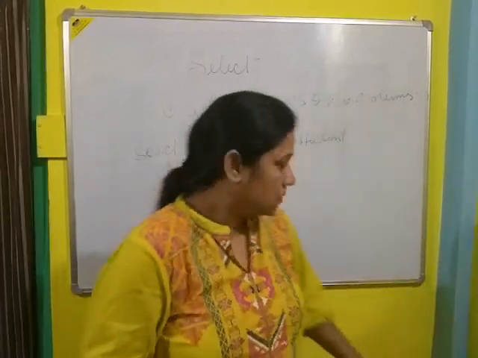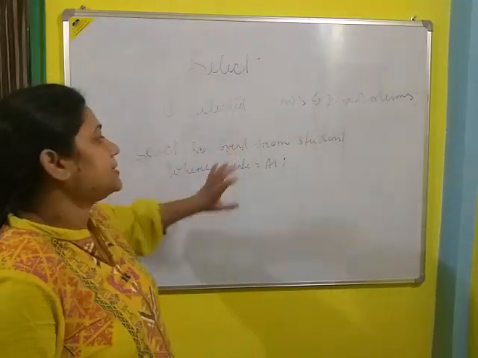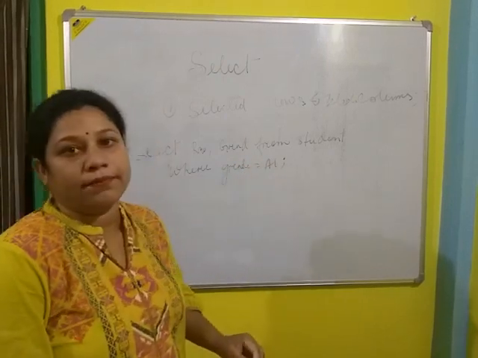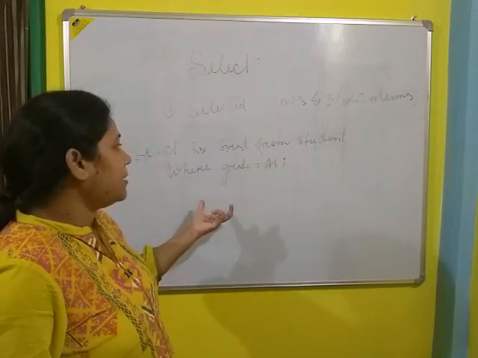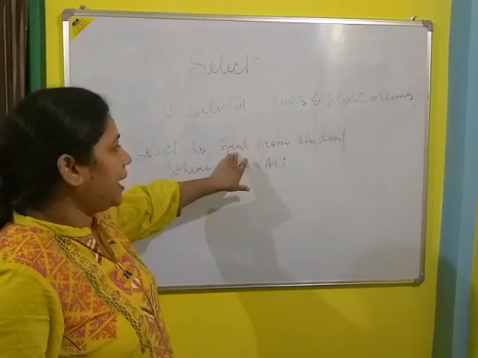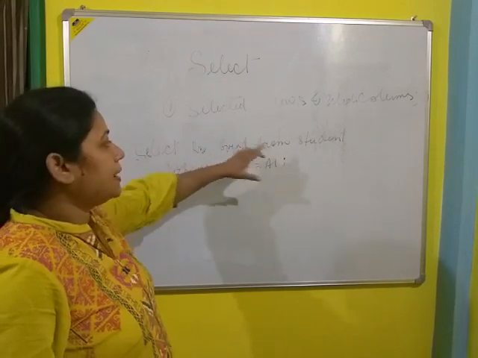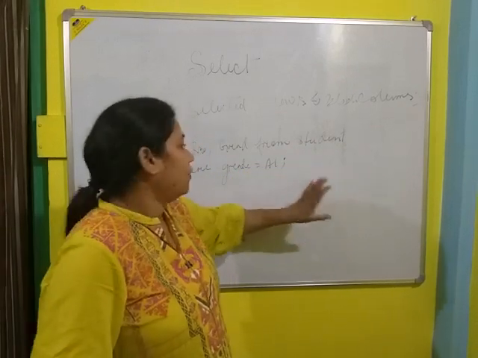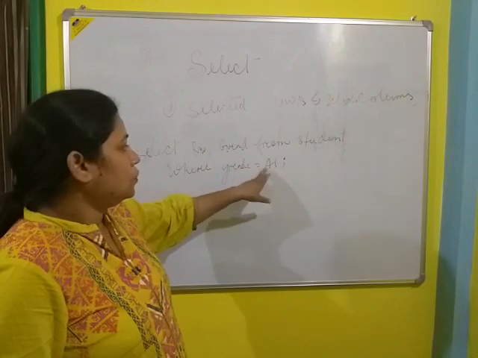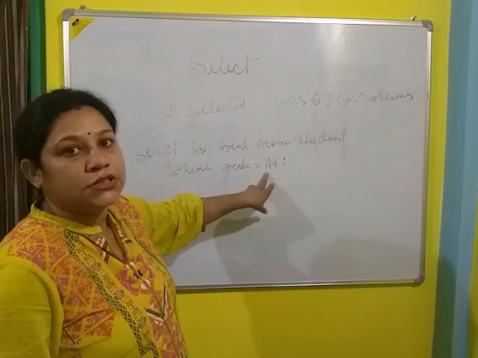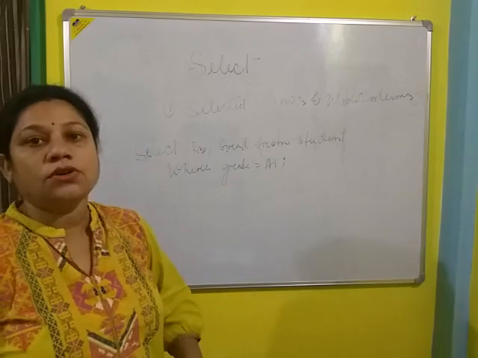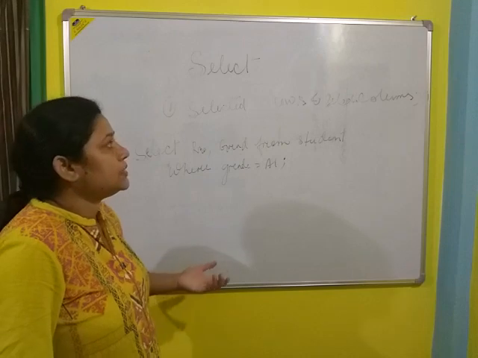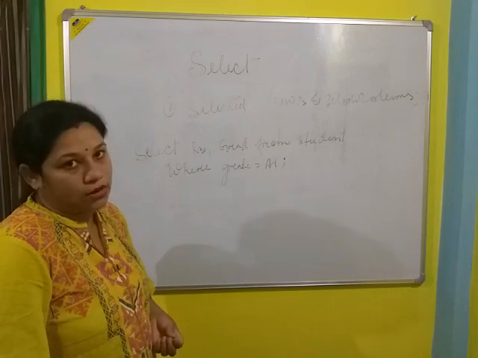So when you write this statement, select roll number, grade from student where grade is equal to A1, only the roll number and grade fields of the table student will appear on the computer screen, and only those selected rows are displayed where grade is equal to A1. Okay, so this is the method for selected rows and selected columns.